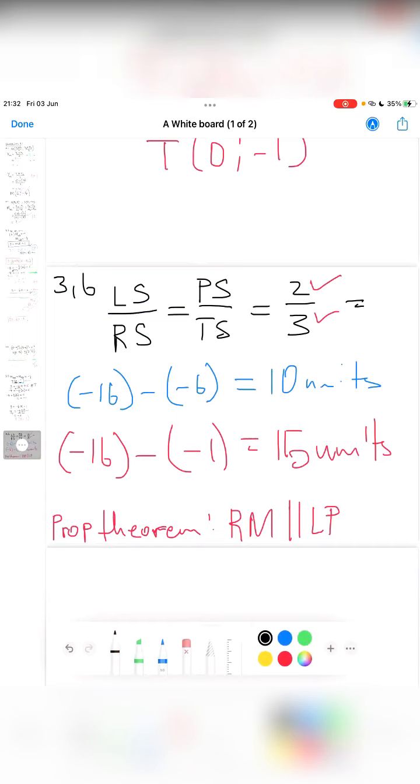Can you see, guys? This is a shortcut. You won't score full marks there. So that means you must actually say 10 over 15, and it gives you 2 over 3. In that way, you'll be able to score a mark there and again there, and then that ratio is given a mark.